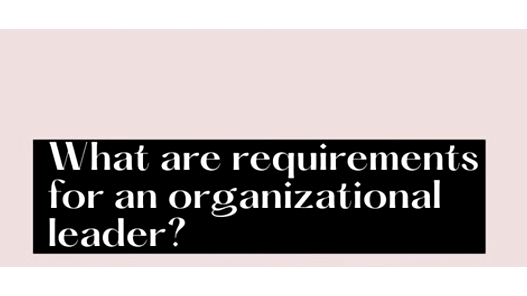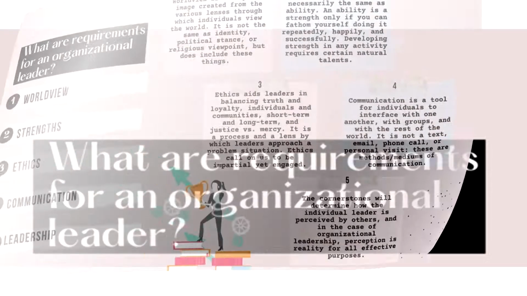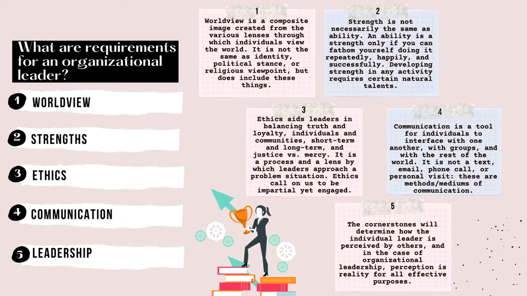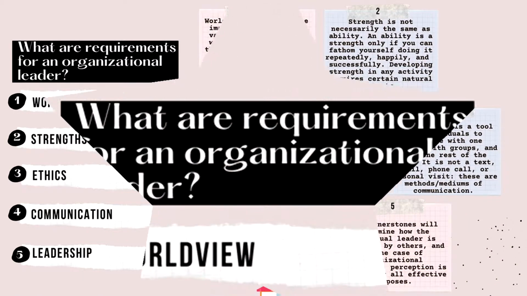We have 5 different requirements for an organizational leader. The first is a worldview. Organizational leadership requires developing an understanding of your own worldview as well as the worldviews of others.